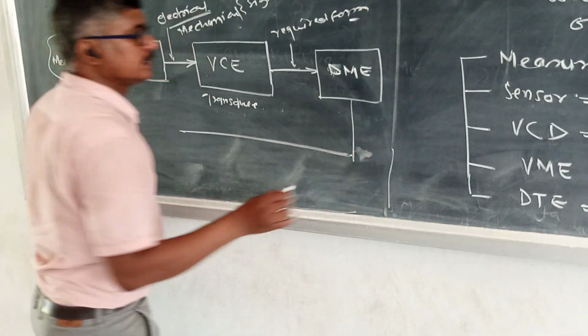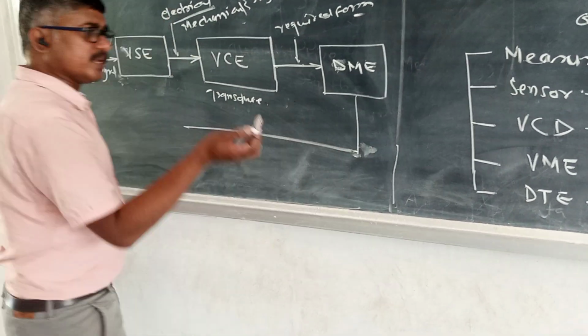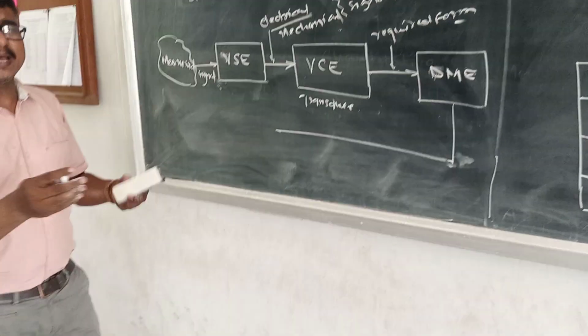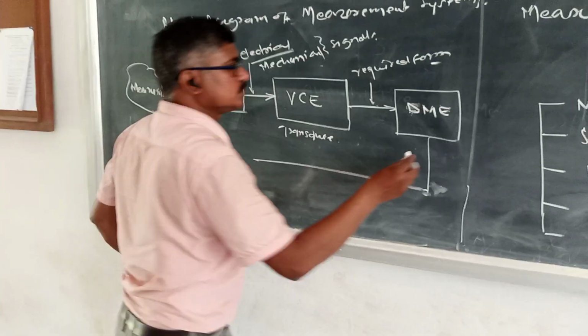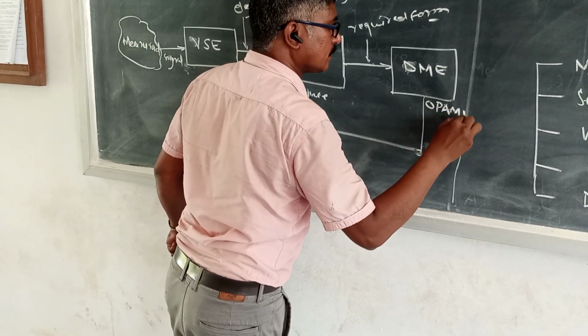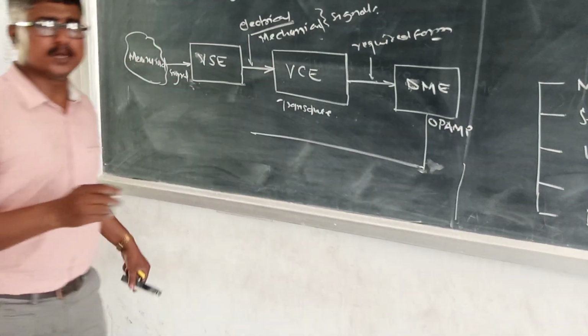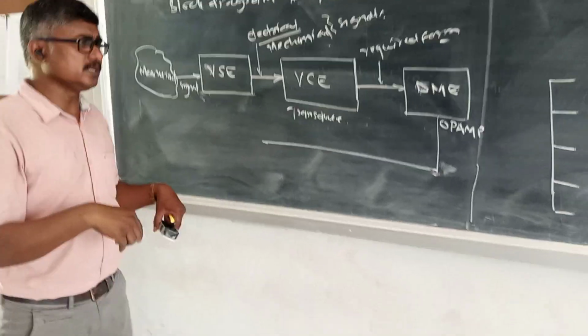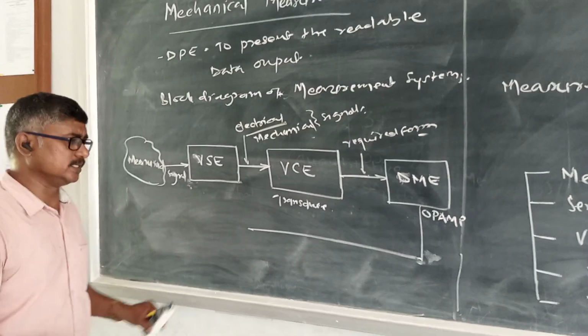Here sometimes the frequency has to be amplified. So here we are using the normal op-amp, operational amplifier, in order to improve the signals so they can be read.